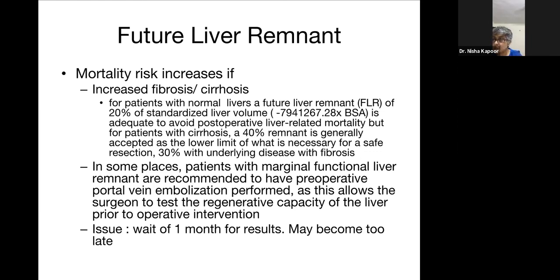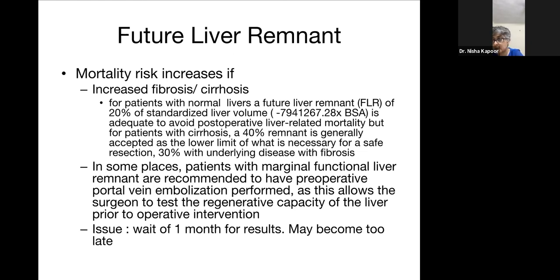In some places, patients with a marginal FLR are recommended to have a preoperative portal vein embolization performed, because this allows the surgeon to test the regenerative capacity of the liver prior to the operative intervention.